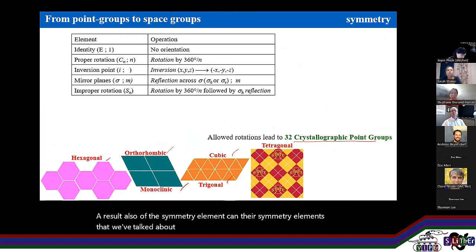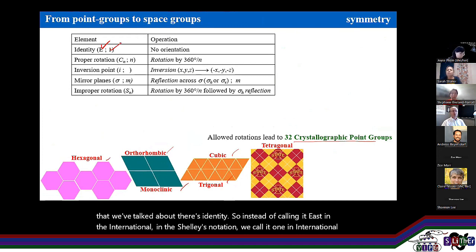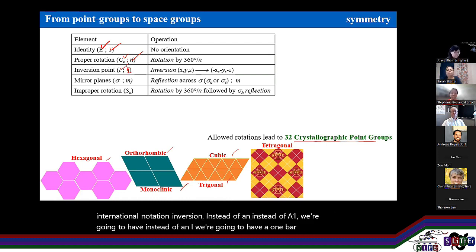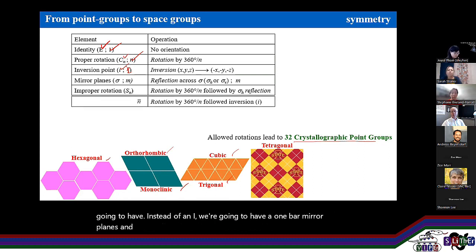There's identity, so instead of calling it E in the Schoenflies notation, we call it 1 in international notation. Instead of Cn in Schoenflies notation, we call it n in international notation. Inversion, instead of an i, we're going to have a 1 bar, mirror planes, and then improper rotation is this n bar that we talked about.